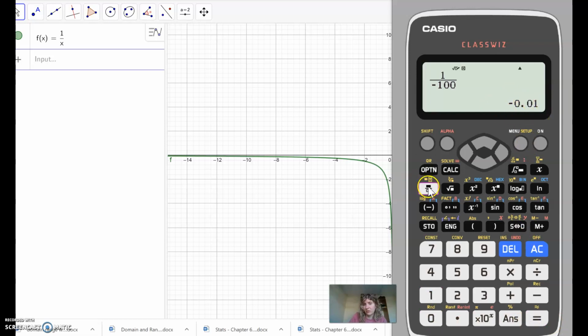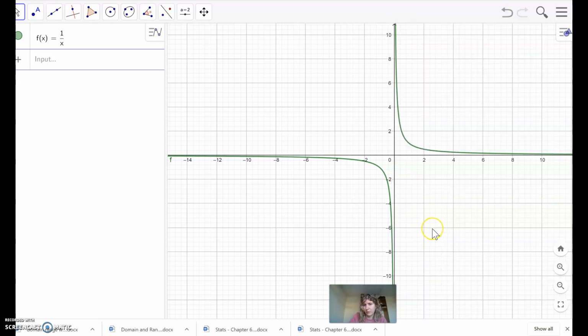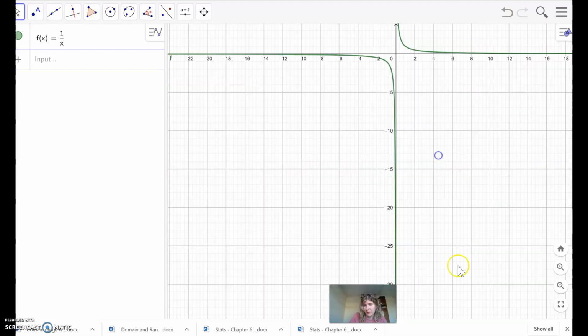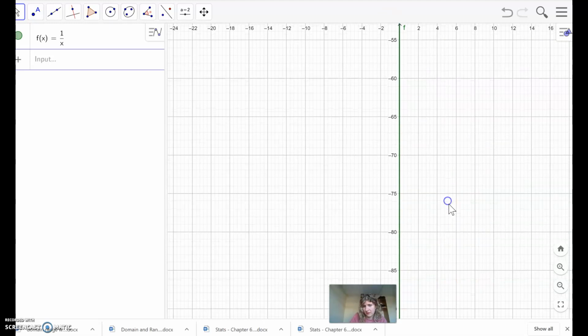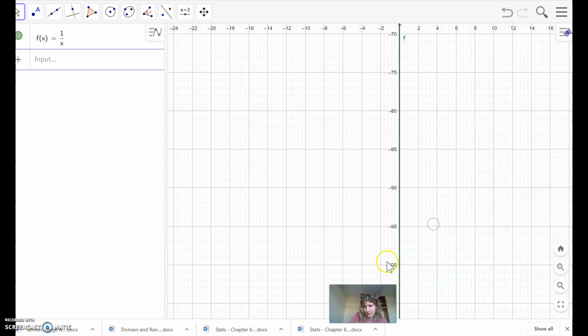Now the other one, if we had 1 over -0.01, that's equal to -100. So that would correspond to, if I zoom out again here, if we find -0.01, that's all the way down at -100 there.